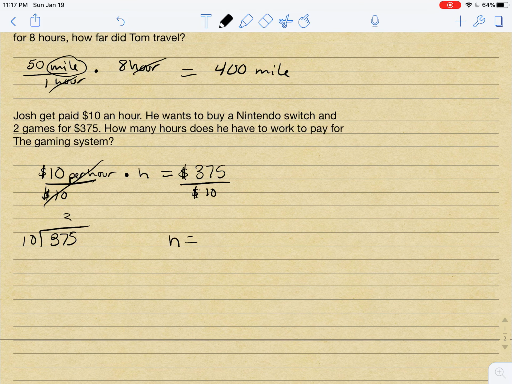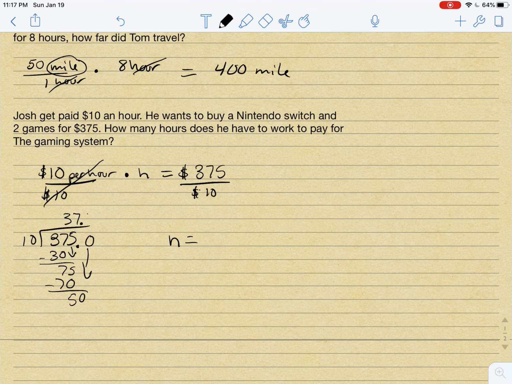10 can go into 37 3 times. So 10 can go into 75 7 times. Bring down the 0, but it's one that I added after the decimal, so I've got to put my decimal up after the 7.